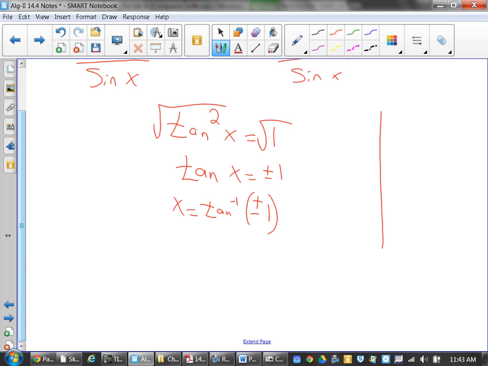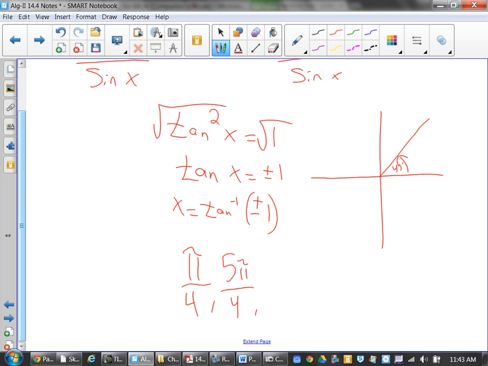So we all agree that at 45 degrees, pi over 4, tangent is positive 1. Where else is the tangent positive 1? Third quadrant, so it is at 5 pi over 4.